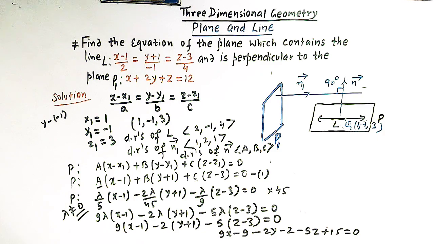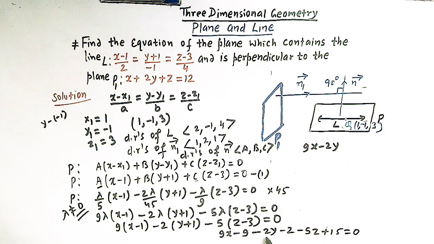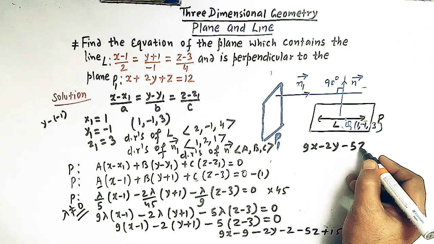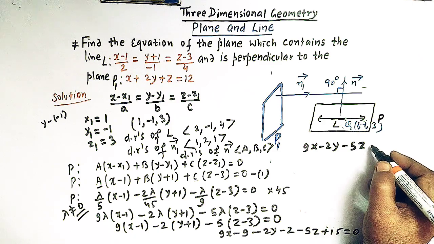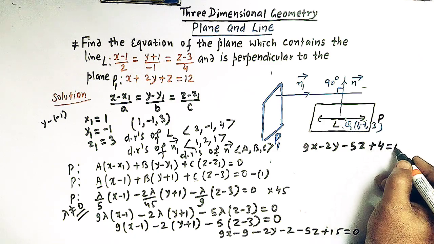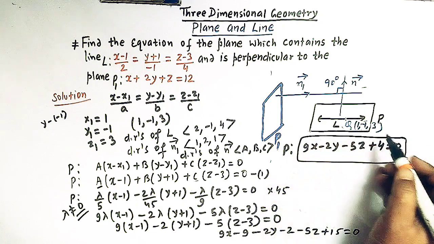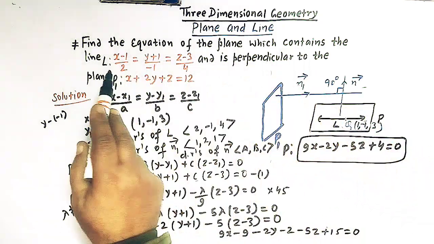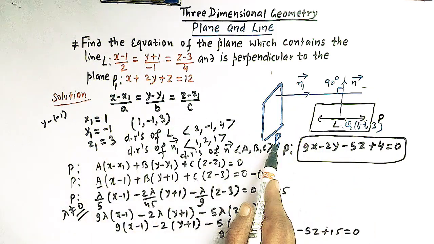So we can write this equation as 9x minus 2y minus 5z, and here we have minus 9 minus 2 plus 15. So minus 9 and minus 2 is minus 11, and minus 11 plus 15 is plus 4. So this is the required equation of the plane P, which contains this line L and is perpendicular to the plane P1.